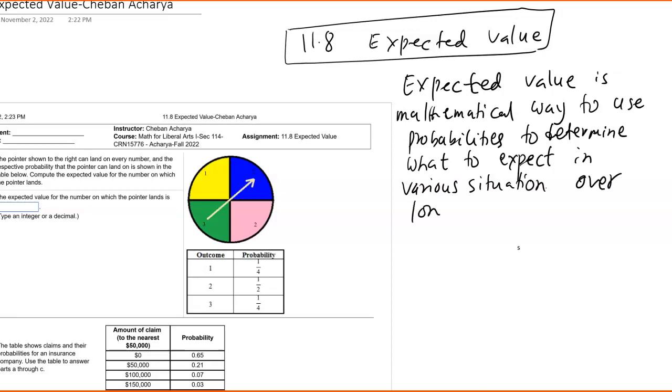So what do you expect over the long run in various situations?